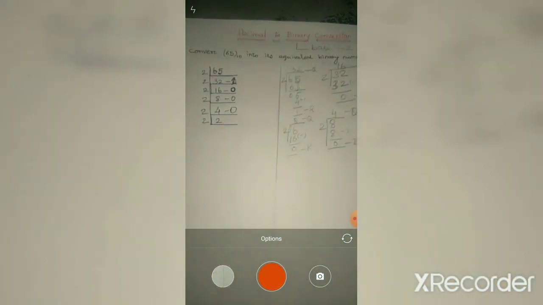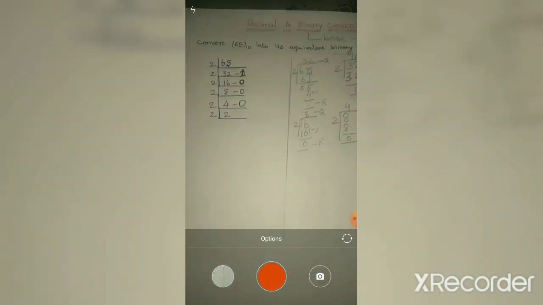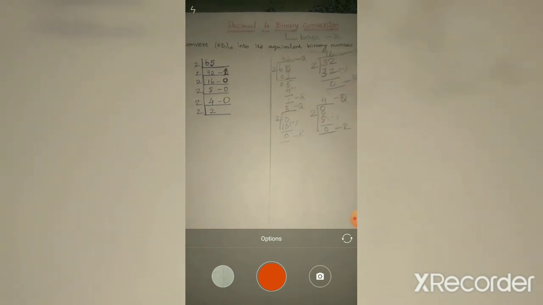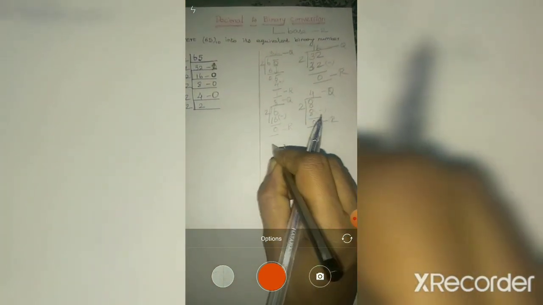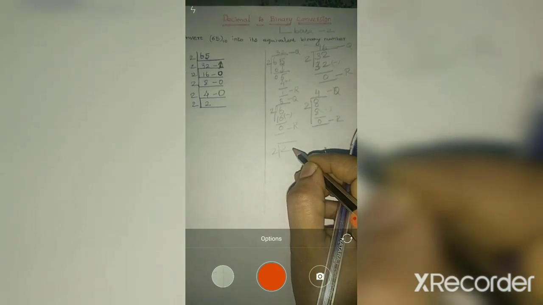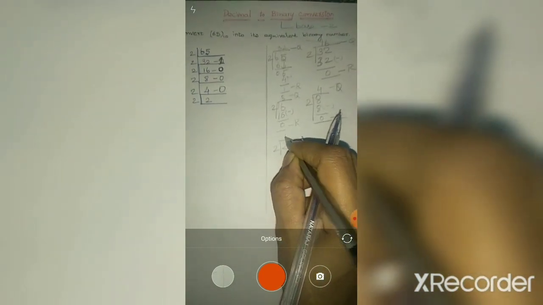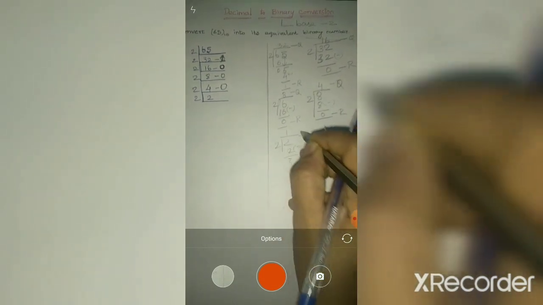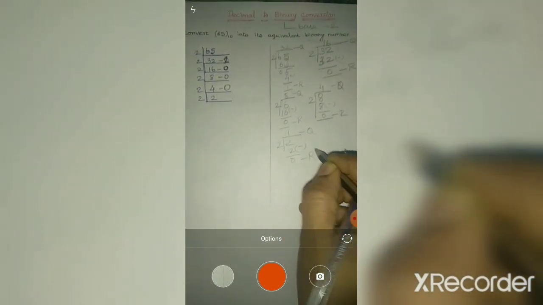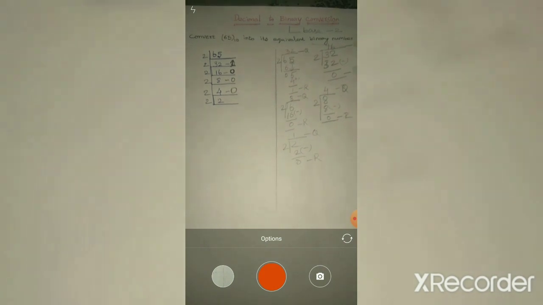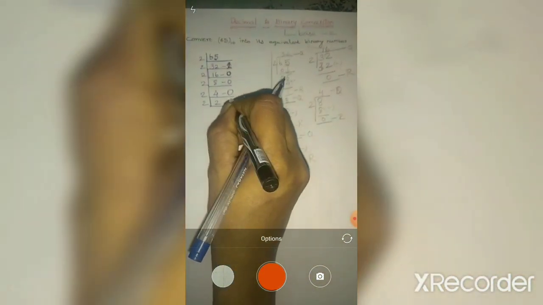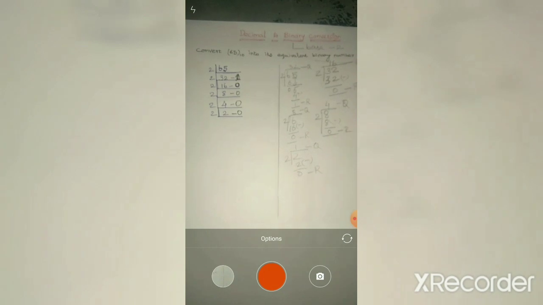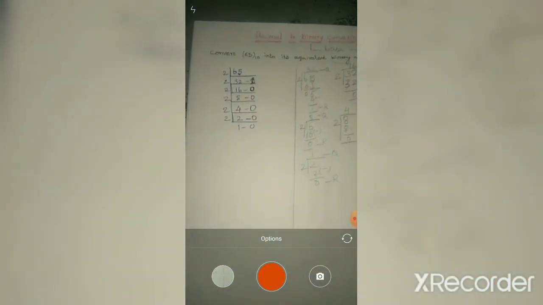Next, now we get 2. 2 divided by 2. 1 2 is 2. 2 minus 2 is 0. This is the remainder, 0. After that, 1, remainder is 0.